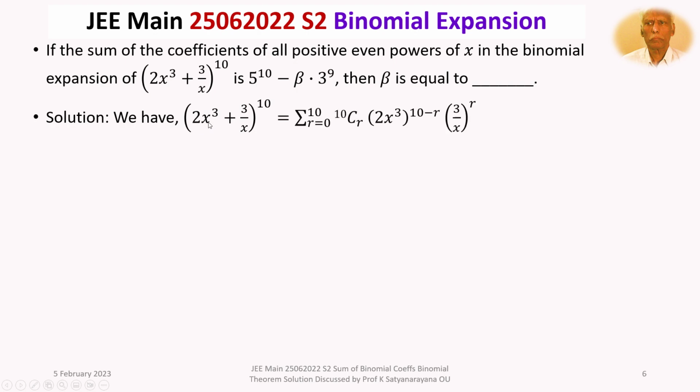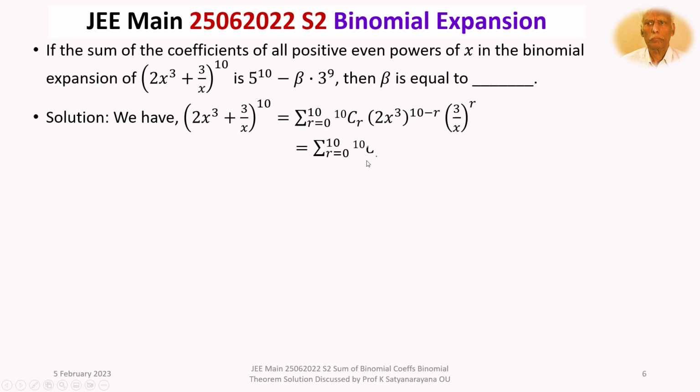We take (2x³ + 3/x)^10 and write down its binomial expansion. The binomial expansion is sigma r = 0 to 10, 10Cr multiplied by (2x³)^(10−r) into (3/x)^r.